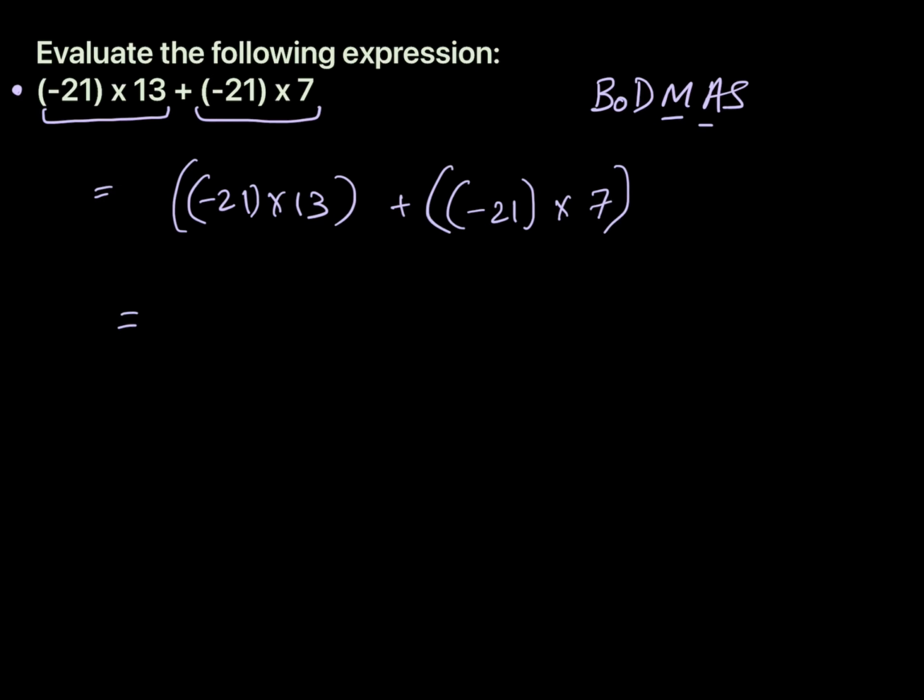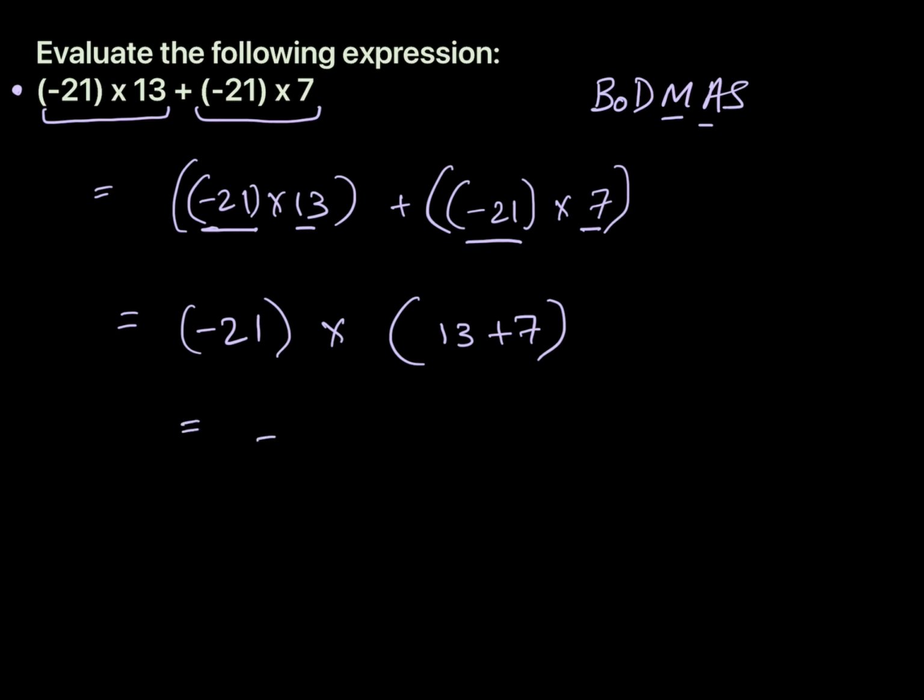Now, since minus 21 is common in both of these expressions, and since multiplication is distributive over addition, we can take the minus 21 out common and multiply it by the sum of 13 and 7.